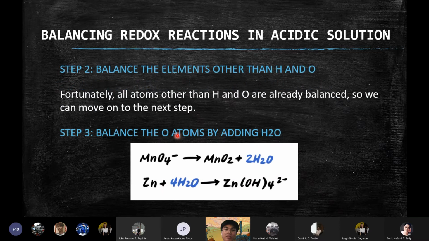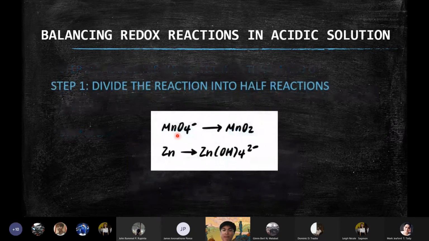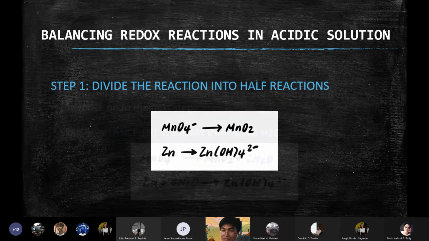The second step is we need to balance the elements other than H and O. So the elements other than H and O here are the manganese and the zinc. Both of them are, of course, obviously not H and O. By inspection, we can tell that they are already balanced.